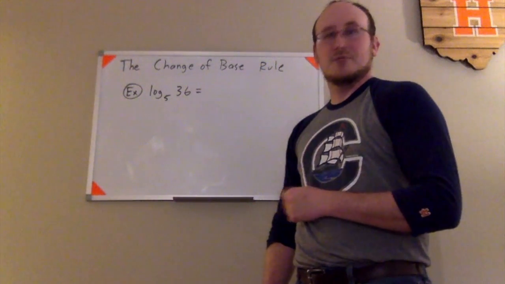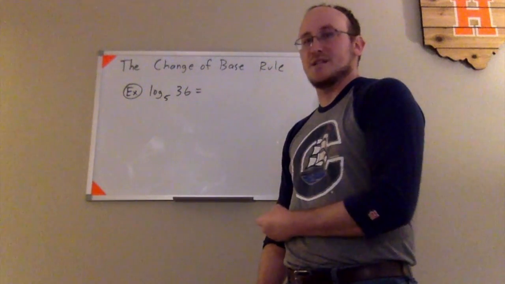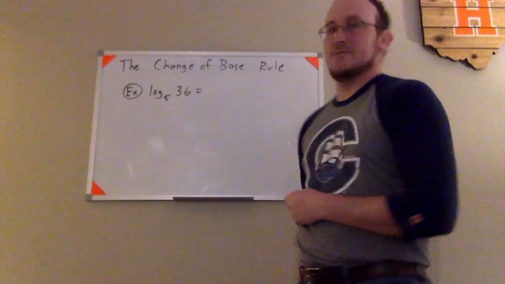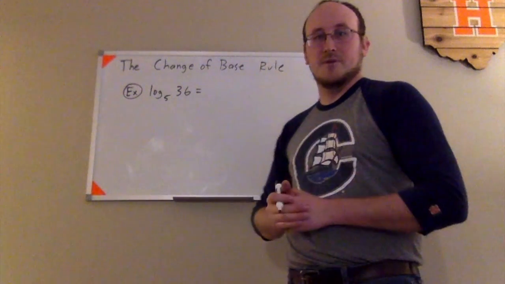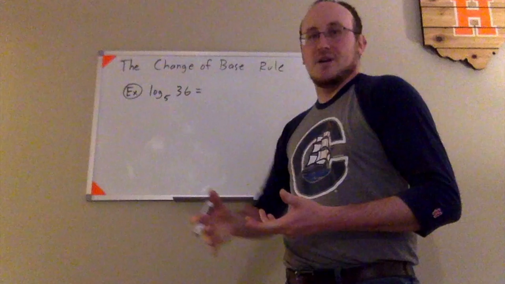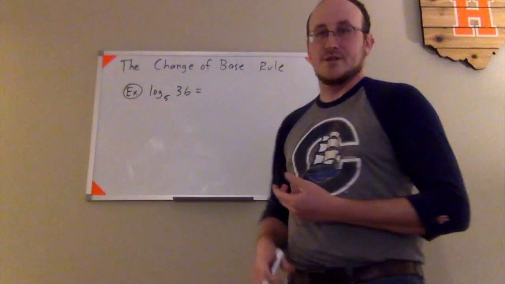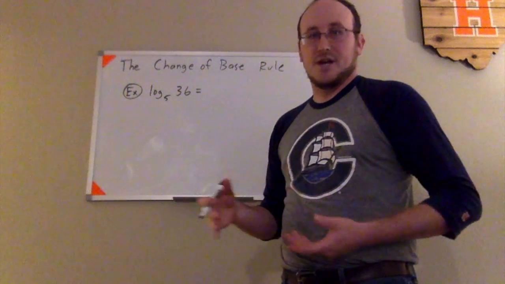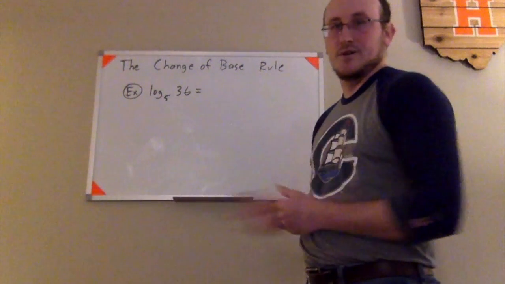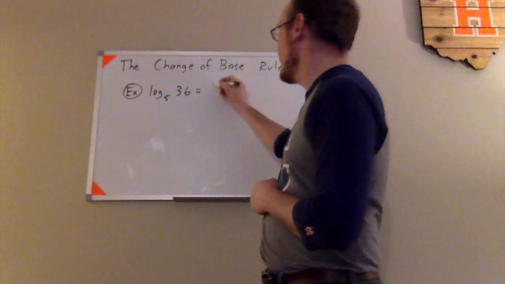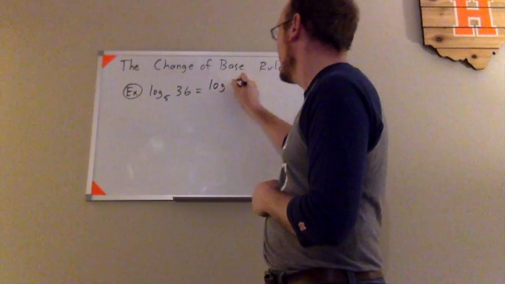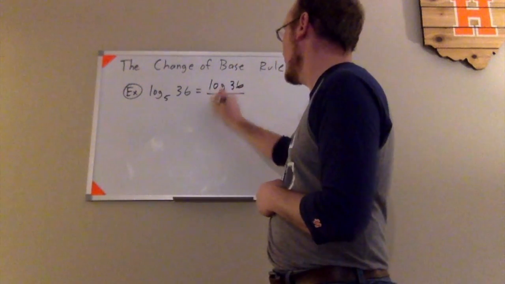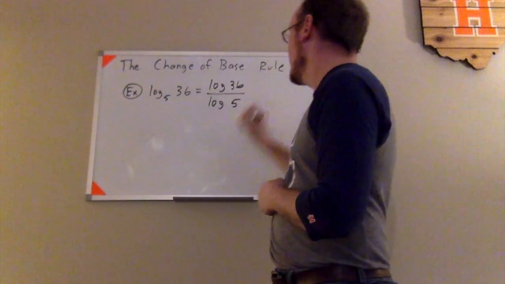Now, not all problems can even be written with the same base like that. So here's an example of a problem where doing what I did in the first part of this video wouldn't really be helpful. I can't write 5 and 36 with the same base, so that approach isn't going to help me here. So this is one where I would just want to go to common logarithms and convert this to the common log of 36 divided by the common log of 5.